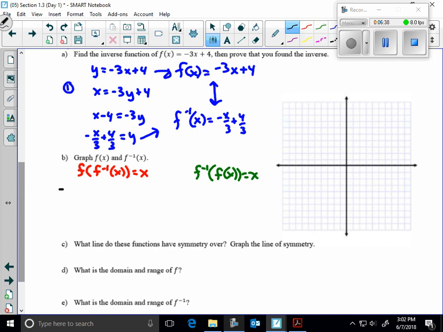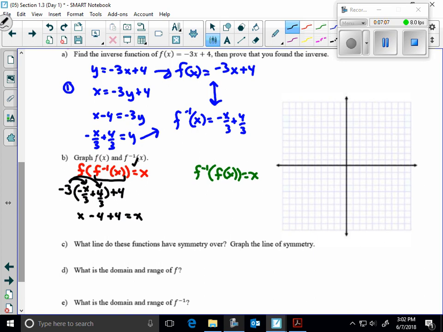So f is negative 3 times x plus 4. Okay, now I'm going to plug f inverse of x into that. So that'd be negative x over 3 plus 4/3. Well, if I distribute a negative 3 to that, I would get an x, I would get a negative 4, and look at that, it comes out to be x.